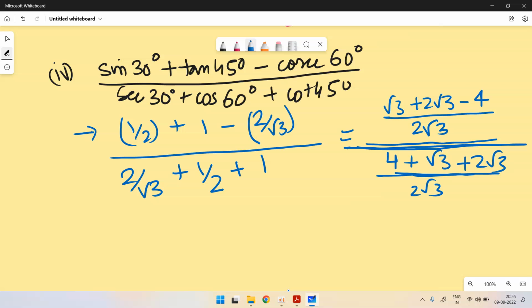So if we simplify, this is 3 root 3 minus 4, and the 2 root 3 gets cancelled, and this becomes 3 root 3 plus 4. This is the answer.